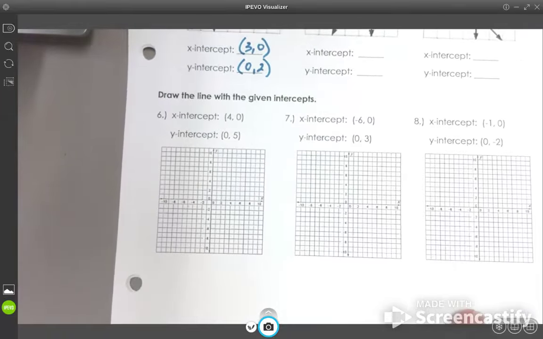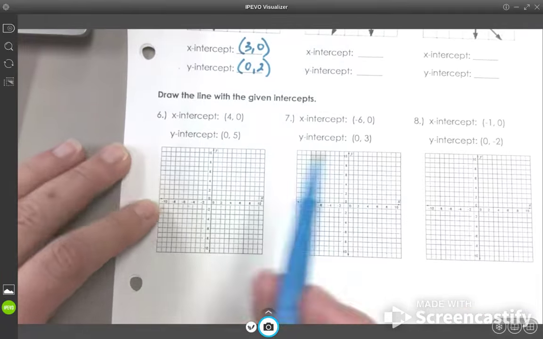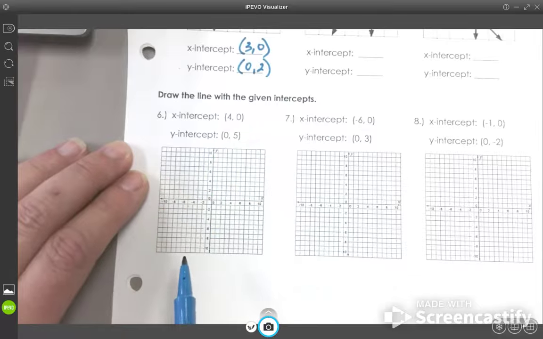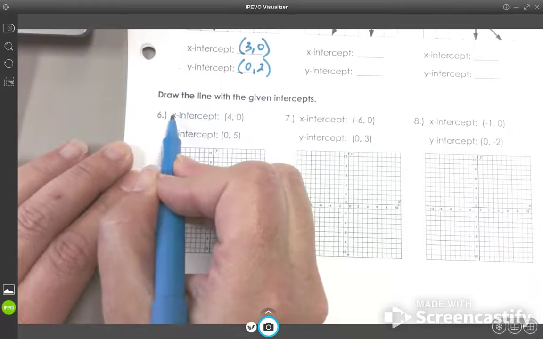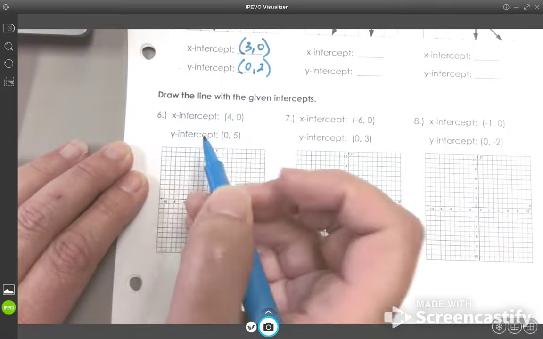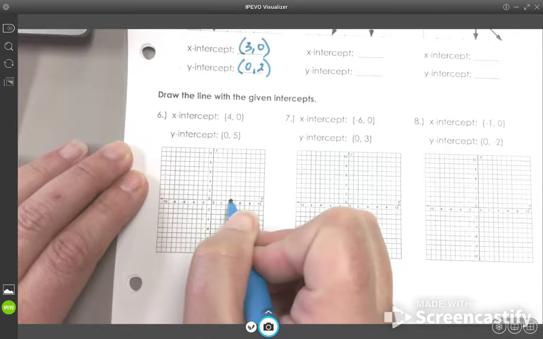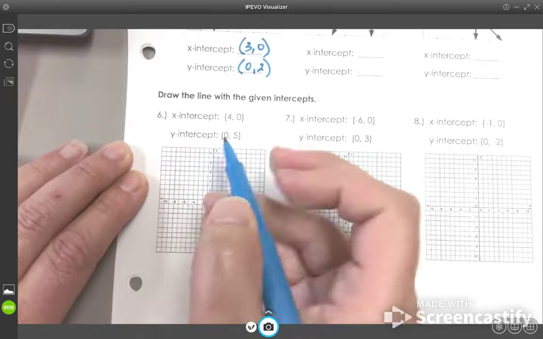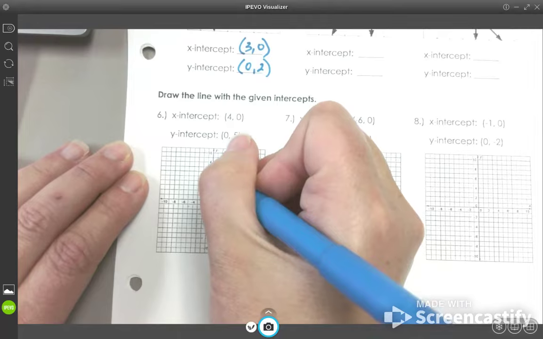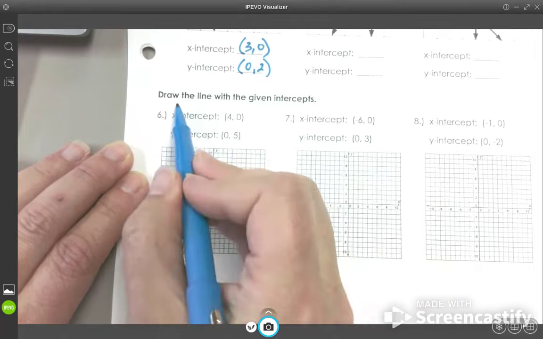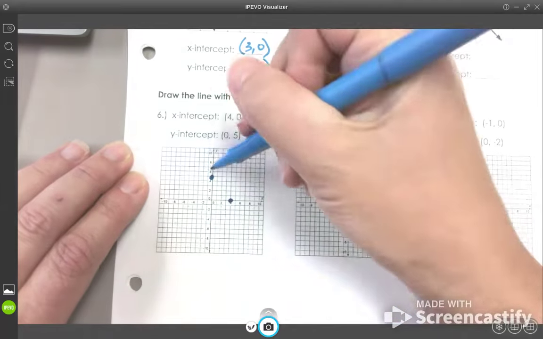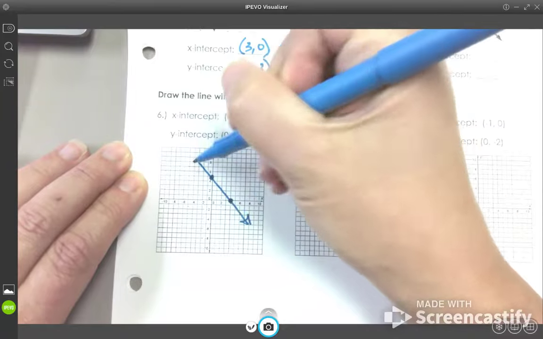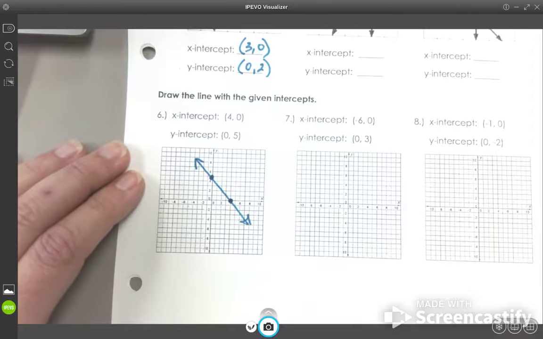So if we looked at something like number 6, my x-intercept is (4, 0). Even without them telling me that, if I graphed over 4, up 0, and I graphed over 0, up 5, you are drawing a line with those intercepts. It's a quick sketch. You guys have a straight edge if you want to use the protractor.